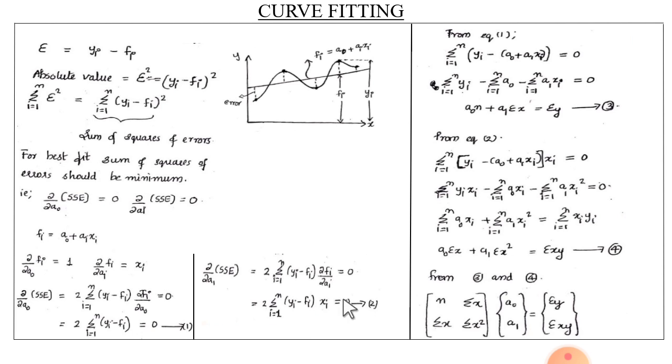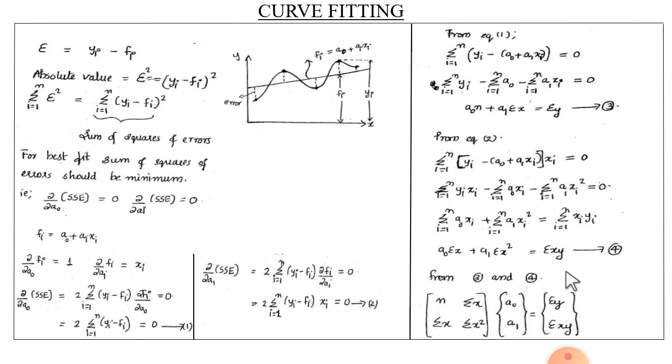Let it be equation 2. From equation 1, on solving this, you can get a0 n plus a1 sigma x is equal to sigma y, take it as equation 3, and from equation 2 you will get a0 sigma x plus a1 sigma x squared is equal to sigma xy, let it be equation 4.